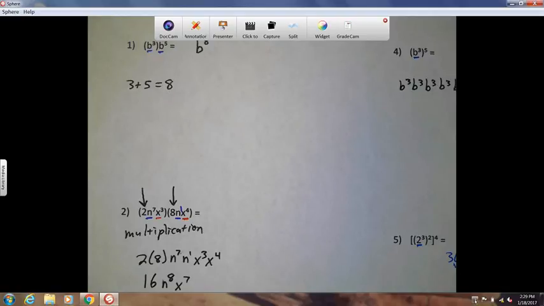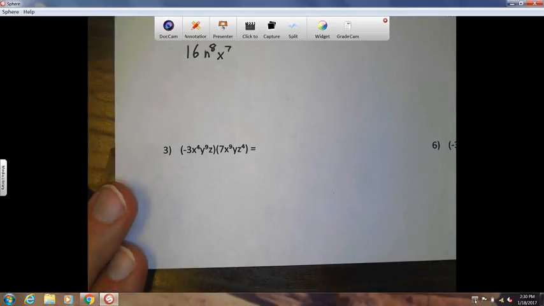Number 4 is like 11 and 12. And 13 and 14 and 15. So that's a lot of those. Okay, 3 and 6 are going to be like the more difficult ones at the bottom.